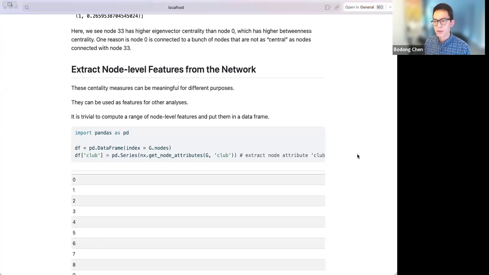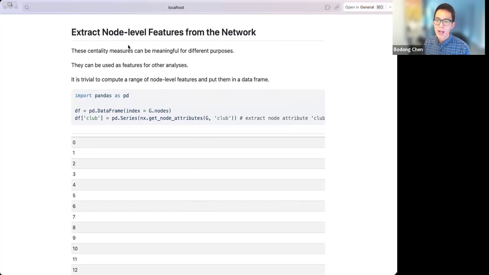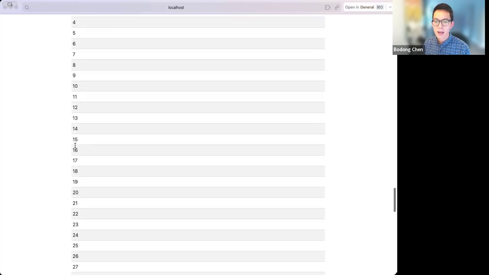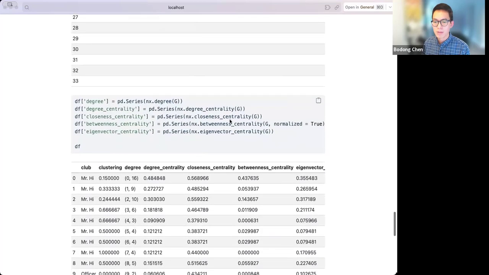So just to wrap up in this video, I want to demonstrate you can calculate all of those measures. Starting from the data set we have about the karate club, you can create a data frame based on the nodes we have. This is very simple. We only have the ID of the nodes, and then we can extract different measures of the nodes.